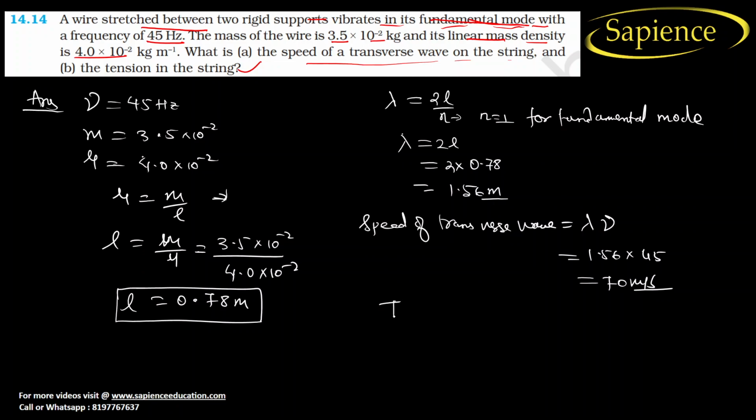Tension in the string T is equal to mu into V square. Mu is equal to 4 into 10 to the power minus 2 into V square.